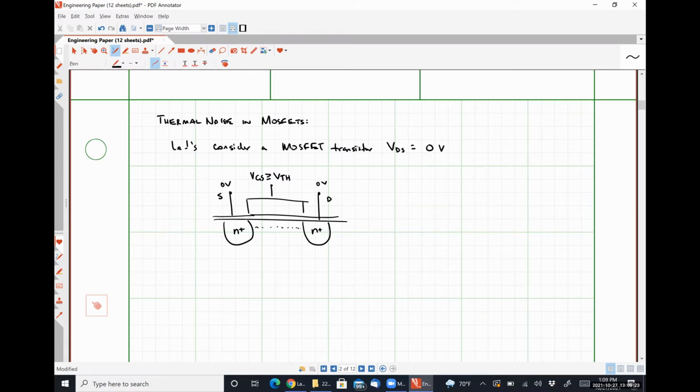In this very specific case, where the source and the drain voltage are equal, the channel looks like a homogeneous resistor, right? It's a material that's got a lot of charge carriers taken out of it, right? So free charge carriers taken out of it, so it's got a space that's left behind with a lot of bound ions. So it looks like a resistance. So let's call this resistance RDS not.